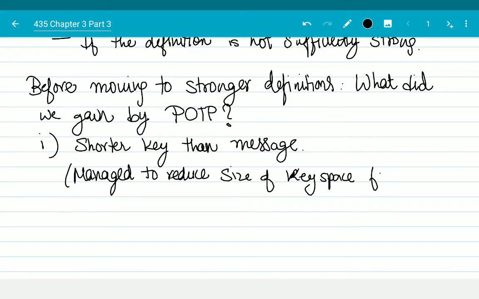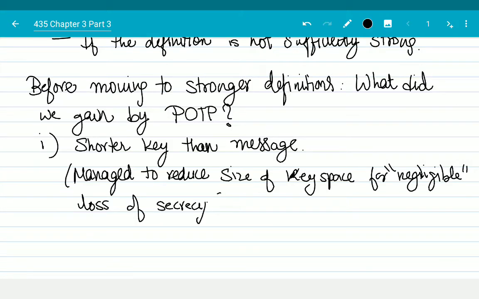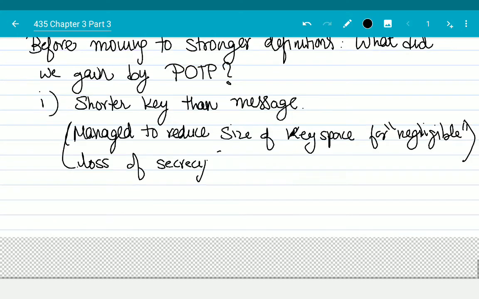for a negligible loss of security, loss of secrecy. So we went from perfectly secret to computationally secret, and for that, the probability of success is still really low, but we have a much smaller key space.